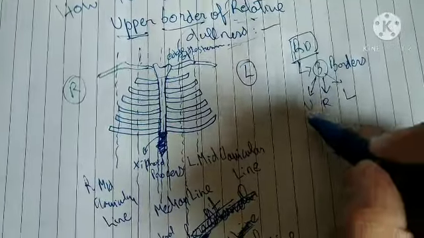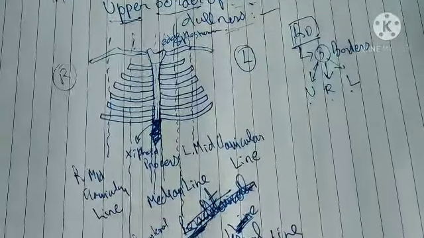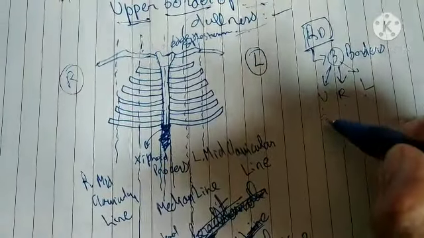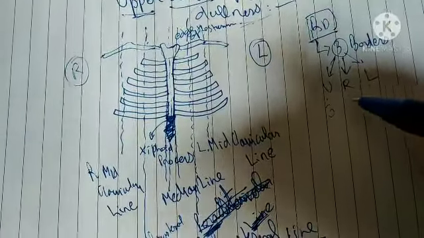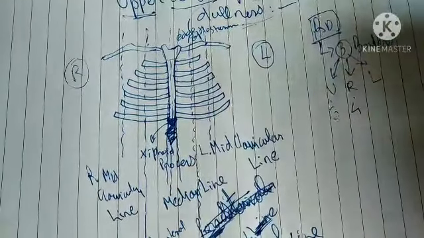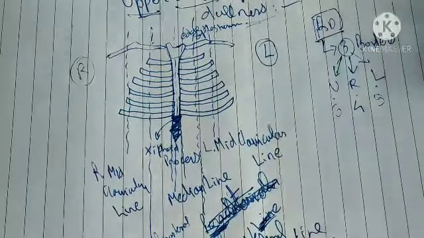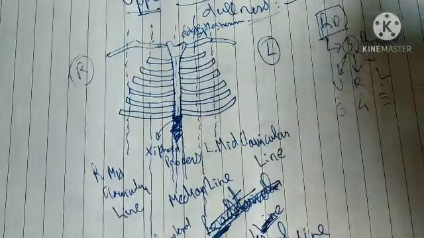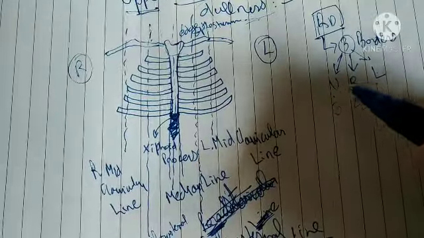I remember them in this order because the upper border is located in the 3rd intercostal space, so 3. The right border is in the 4th intercostal space, so 4. And the left border is in the 5th intercostal space, so 5. It is an easy way to remember 3, 4, 5 in order: upper, right, left.